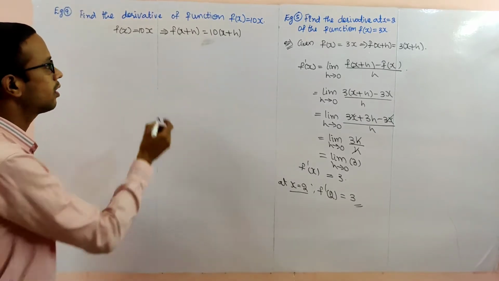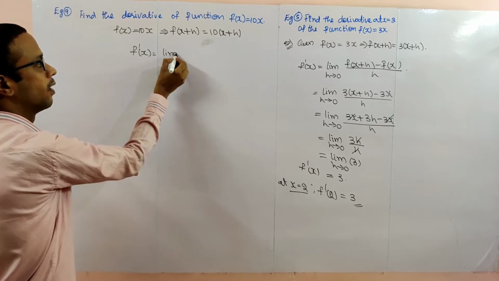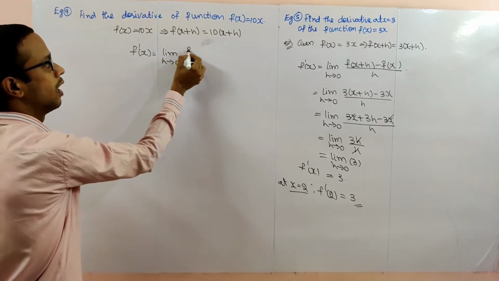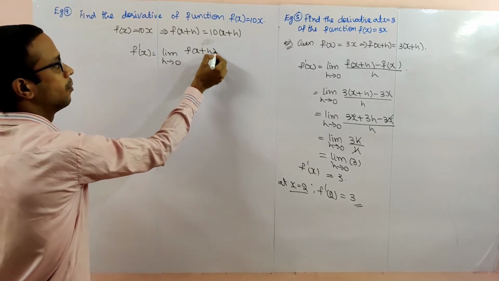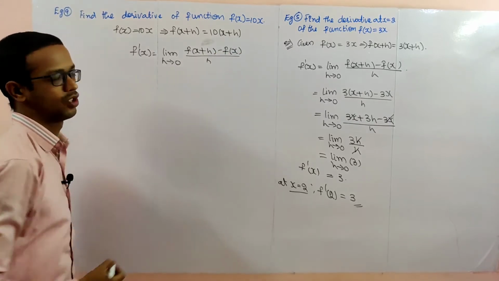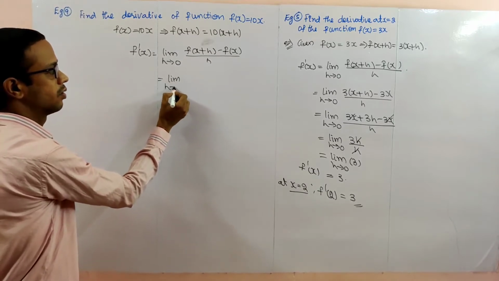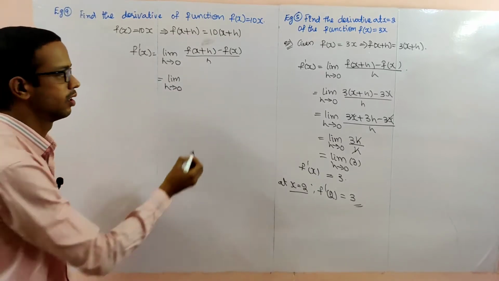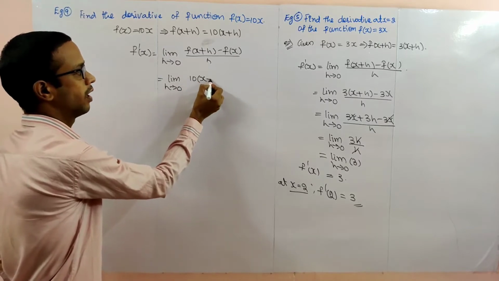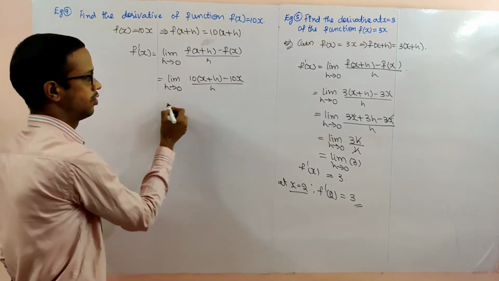What is the formula? f dash of x is equal to limit h tends to 0, f of x plus h minus f of x divided by h. So substitute all values here: limit h tends to 0, 10 into x plus h minus 10x divided by h.